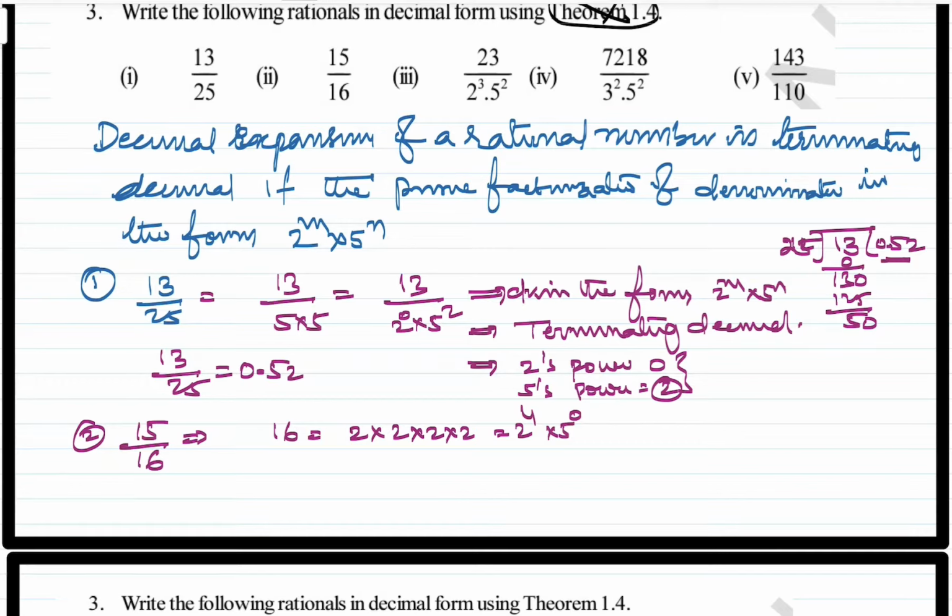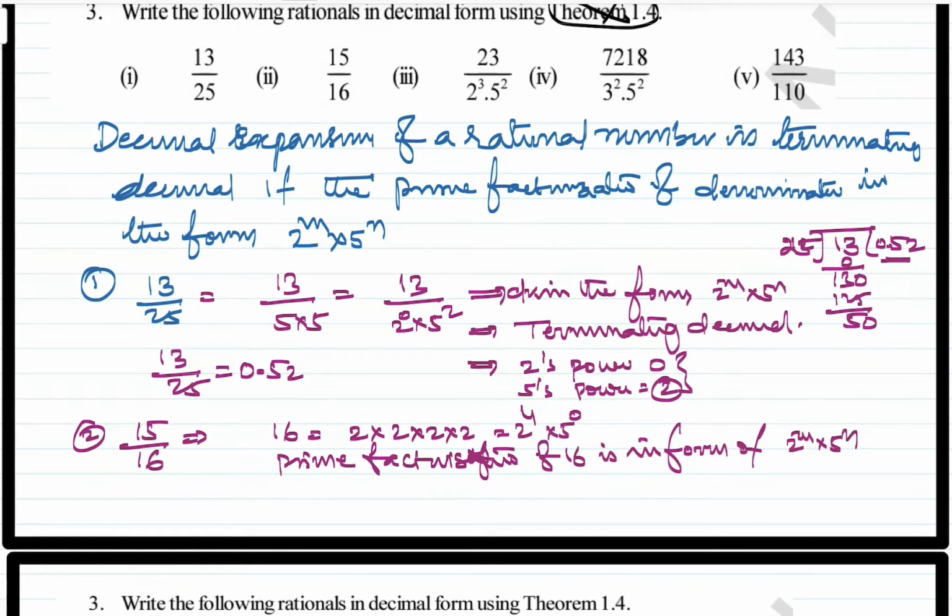So you can do the prime factorization of 16, which is in the form of 2 to the power of m, 5 to the power of n. Therefore, it gives a terminating decimal.